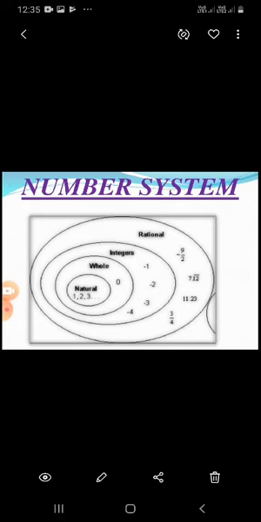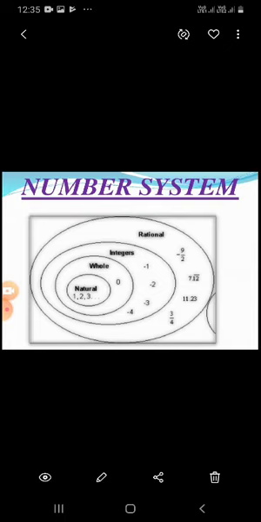The symbol of integers is Z. If we define integers, we can say that the set of all positive natural numbers, negative natural numbers along with 0 is known as integers, and the symbol is capital Z.